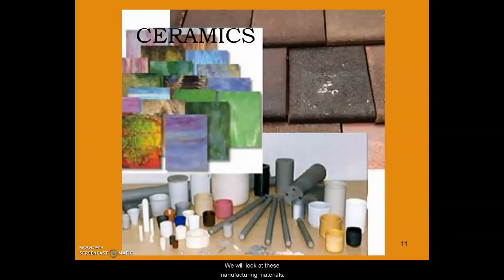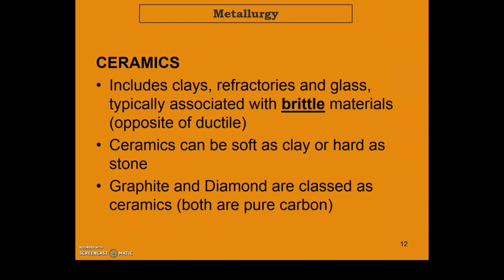We will look at these manufacturing materials and engineering materials by starting with ceramics. Ceramics have traditionally been defined as an inorganic, non-metallic solid that is prepared from powdered materials, is fabricated into products through the application of heat, and displays such characteristic properties as hardness, strength, low electrical conductivity, and brittleness.